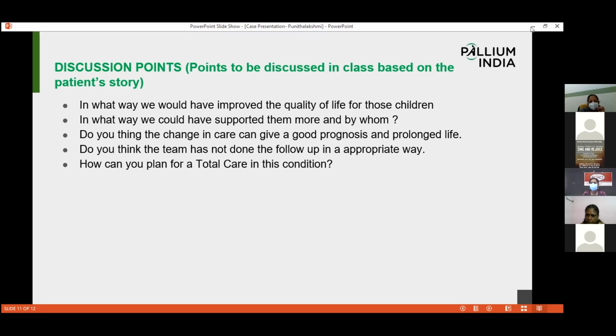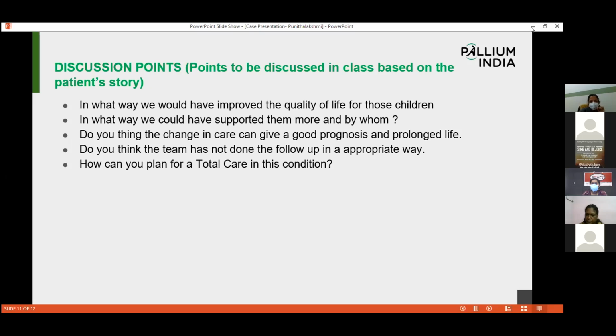And we can always imagine the psychological trauma of the patient and the relatives, right? How they must have got devastated. So in palliative care, we have learned to do a total assessment of a person and family.